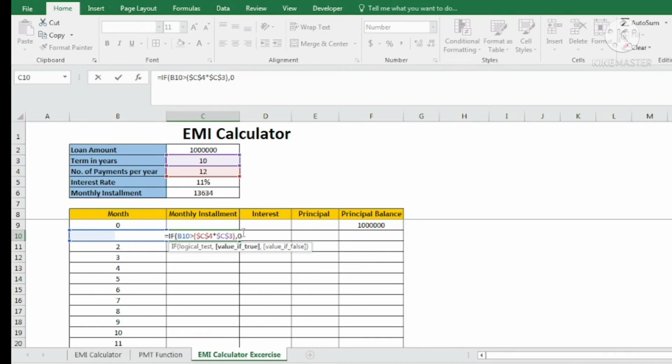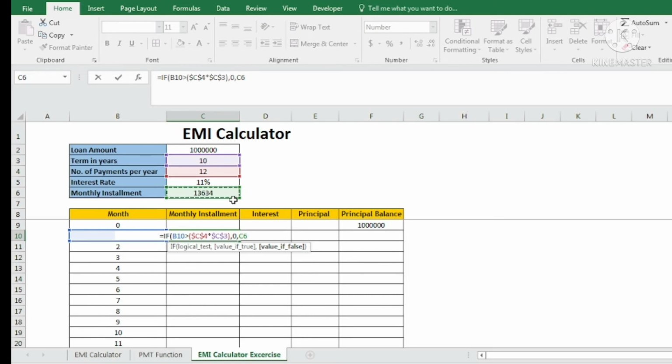That is the reason I put 0 over here. If this condition is true, that means if this cell and this cell become greater than 120, then it should become 0. Else, if it is not yet 120 or more, it should give me this result only.